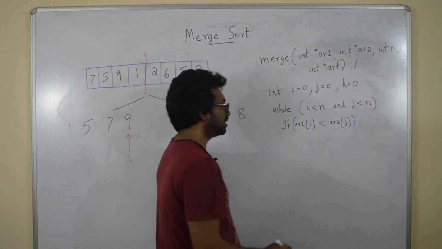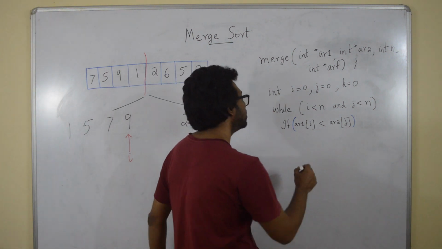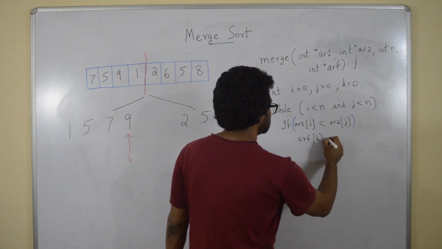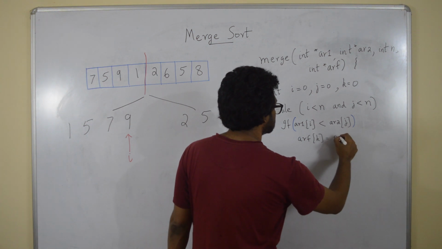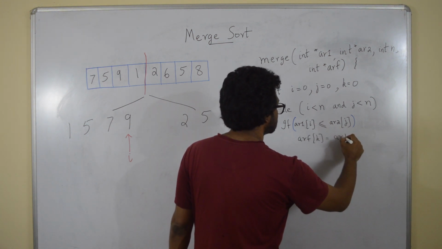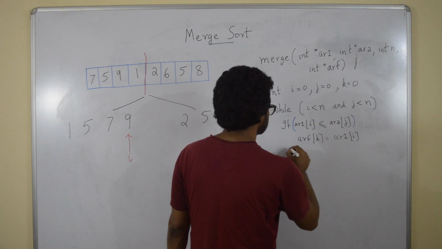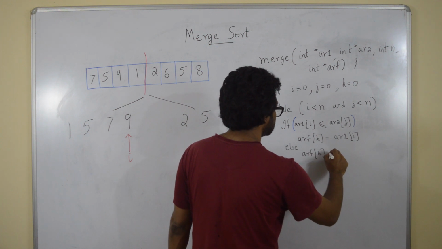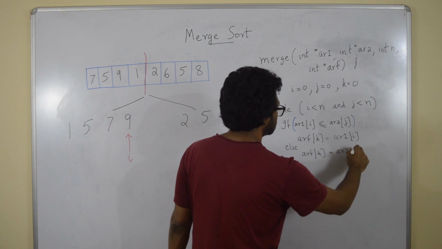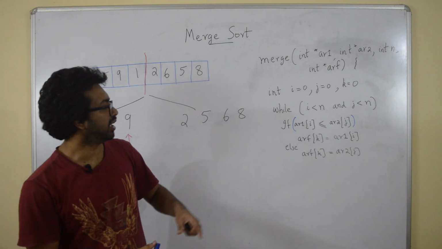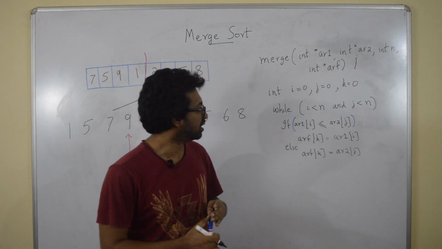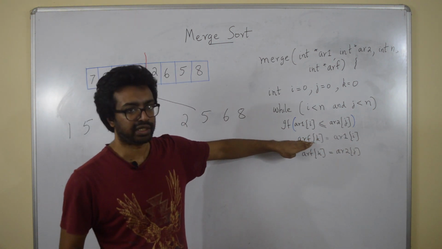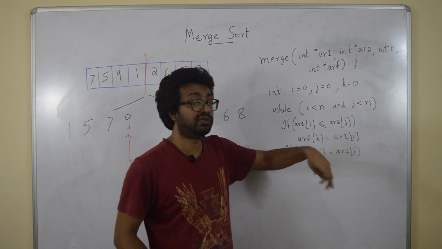In this case, I'm going to copy the smaller one into the new array. So if AR1 of i is less than or equal to AR2 of j, I copy AR1 of i to ARF of k. Otherwise, I copy the other element.